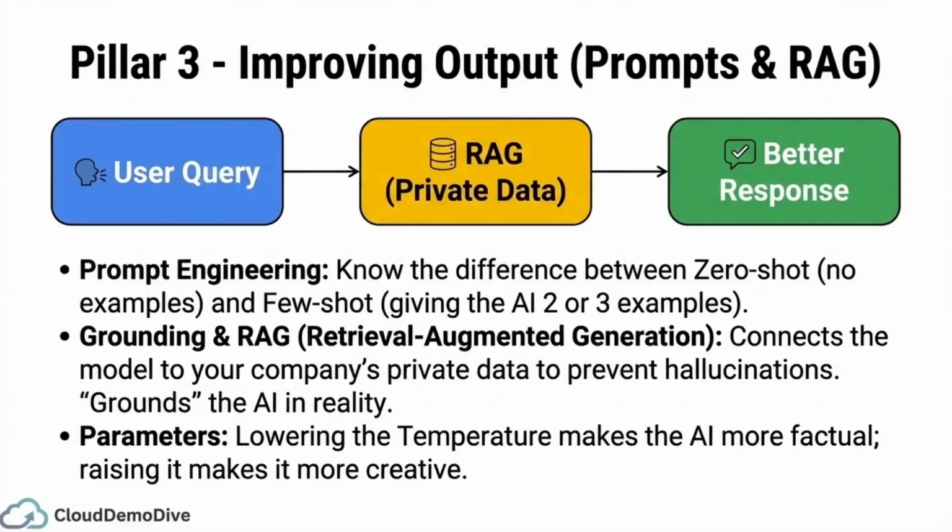Each and every company has private data, and if they want to create a chatbot on top of that while keeping their data secret, they can create chatbots using a RAG architecture. It basically grounds the AI in reality. You also need to know parameters like temperature: lowering the temperature makes the AI more factual, and raising it makes it more creative.